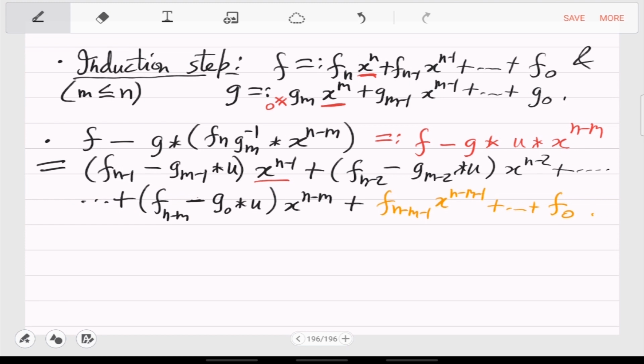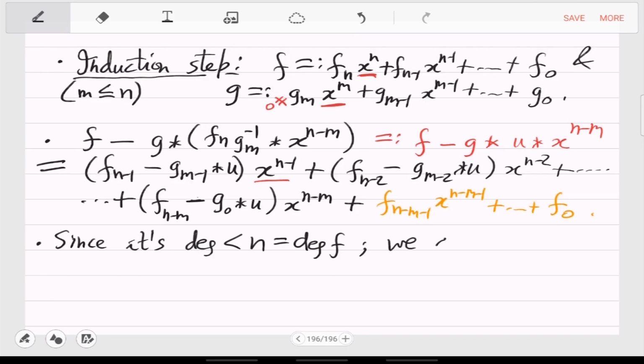So this is the induction step, and since its degree is less than n, which was the degree of f, we can use the induction hypothesis, or basically in the algorithm it will be a recursive call.